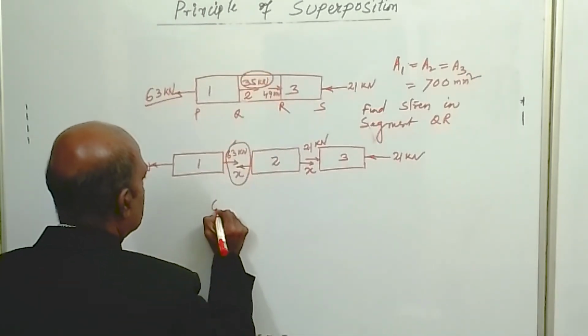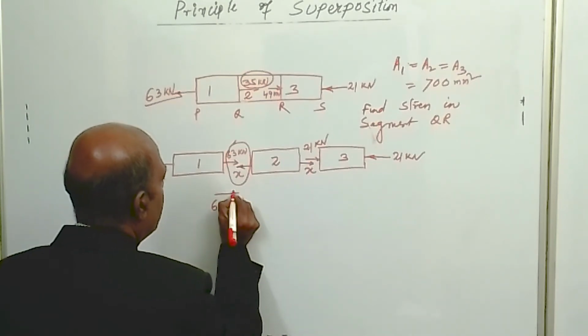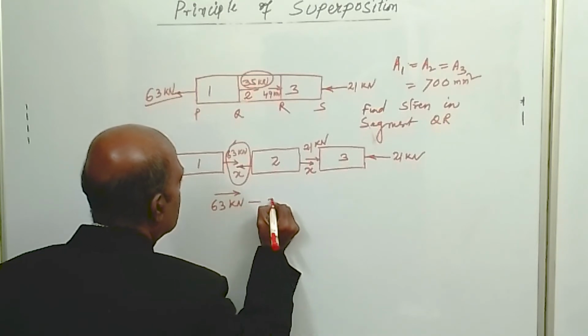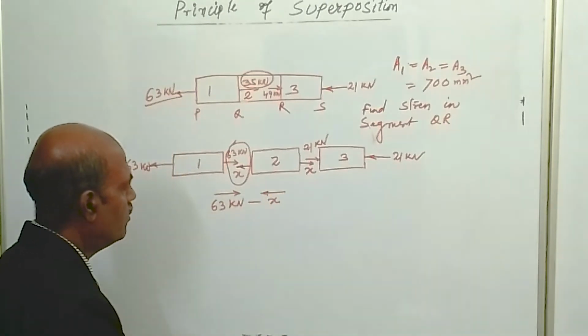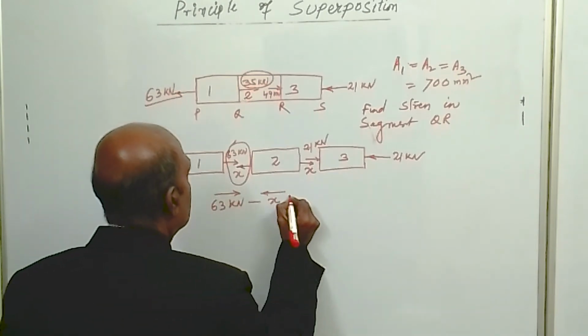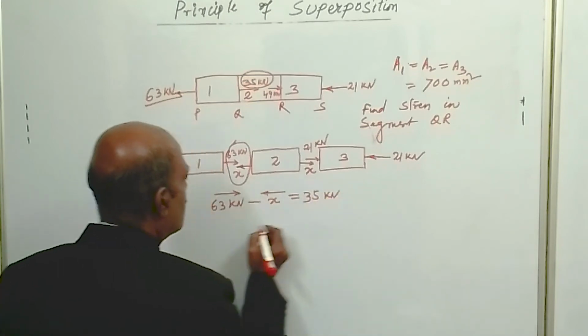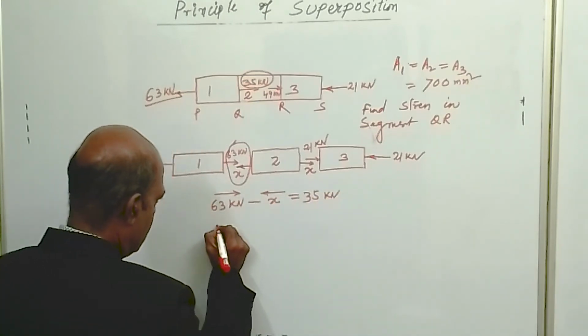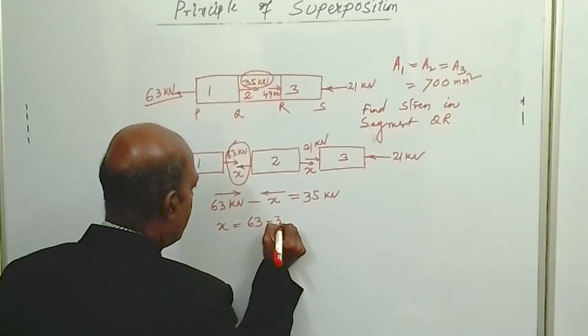So 63 kilonewton towards right minus x kilonewton which is acting towards left, two parallel forces, will give 35 kilonewton. So from here we can get the x value. So x is equal to 63 minus 35.